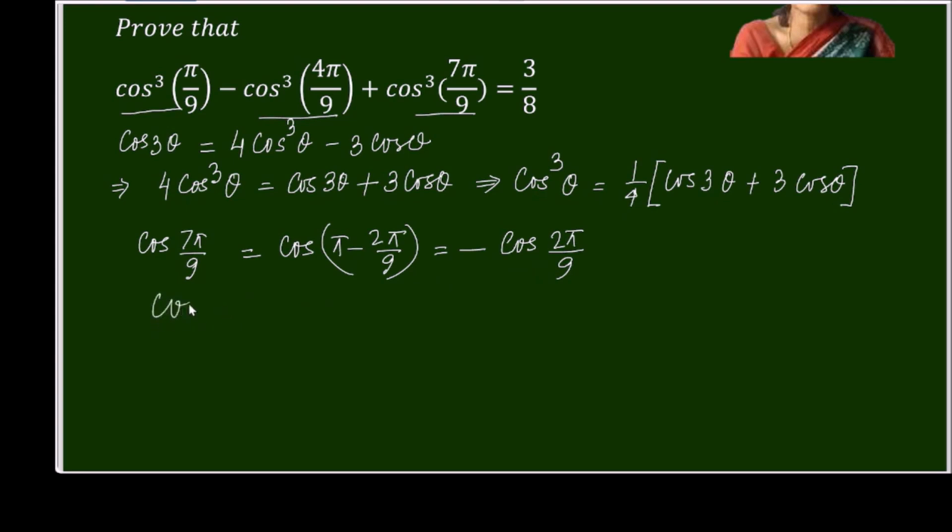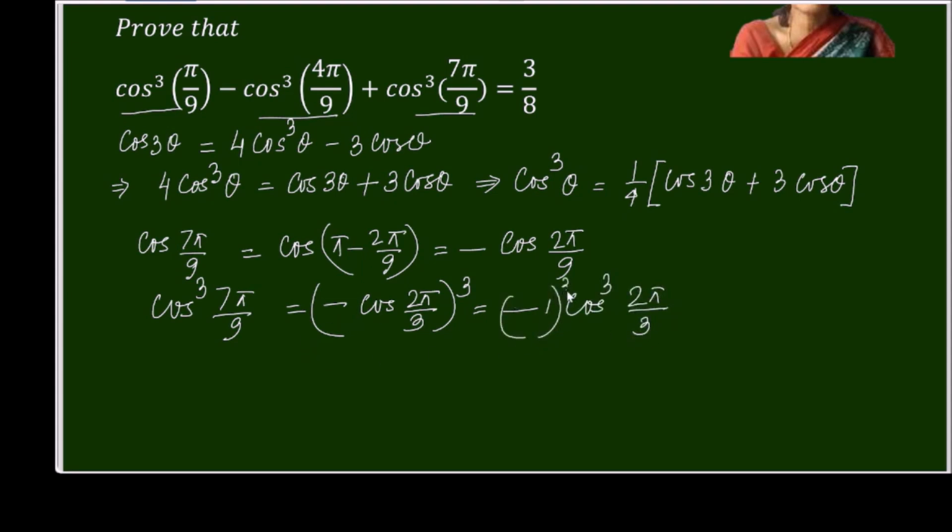Now cos³(7π/9) can be written as (−cos 2π/9) whole power 3. So this is negative cos³(2π/9), because negative power 3 is minus 1 power 3, so minus cos³(2π/9). Sorry, 2π/9, it will be 9.